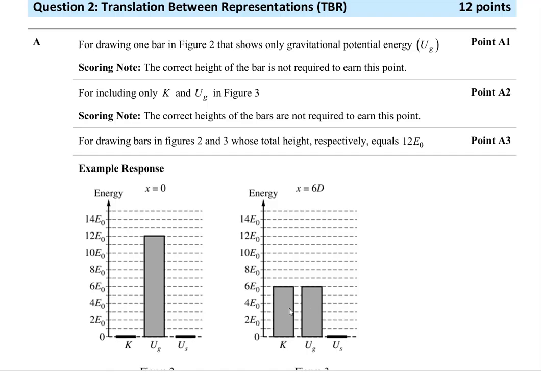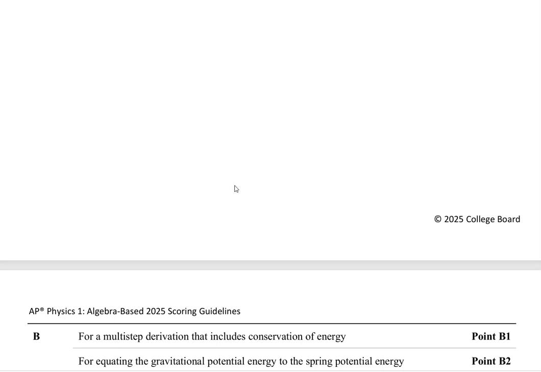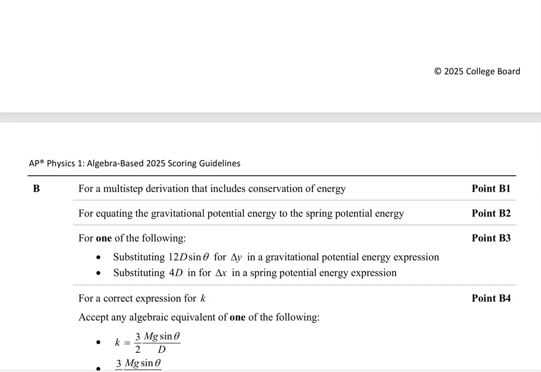Did you draw a bar for kinetic and a bar for potential due to gravity? The correct heights of the bar are not required. Good job. So if you just drew 2 bars, it doesn't matter. Then the final one, this last point you earned for actually adding up to 12. So amazing. You can earn 2 out of 3 for just identifying energies. Good job. You did good.